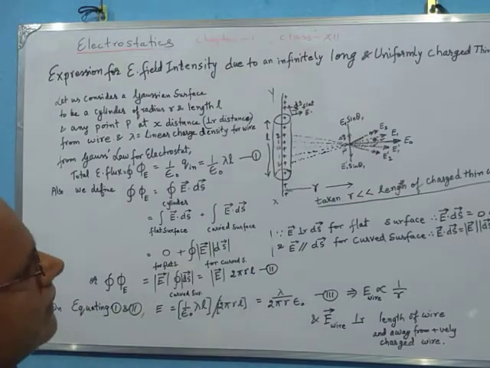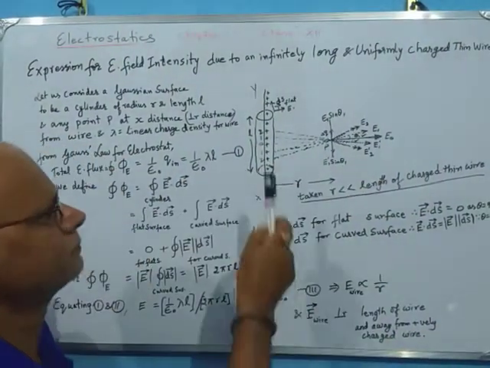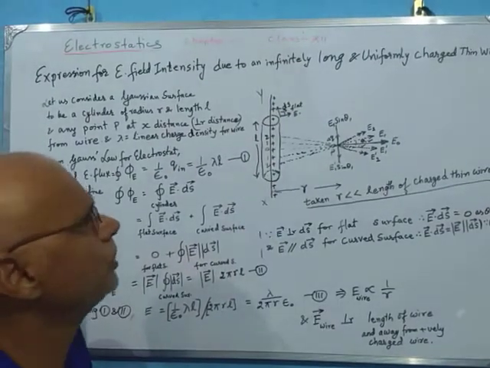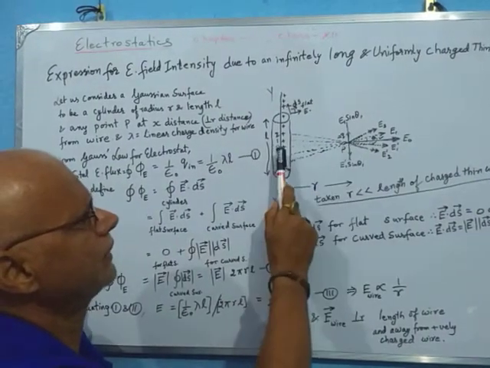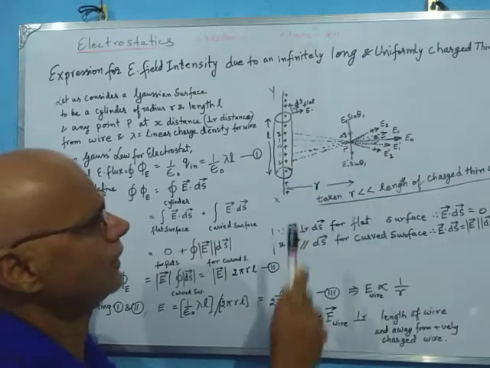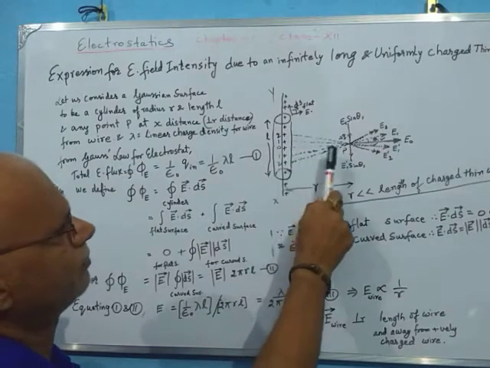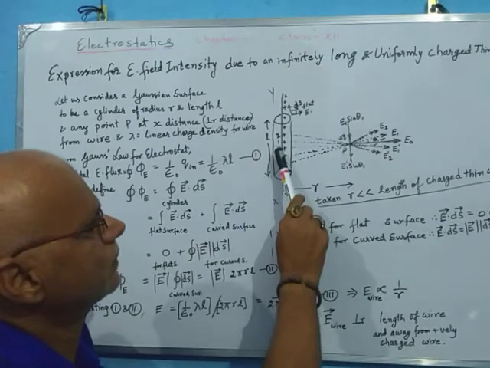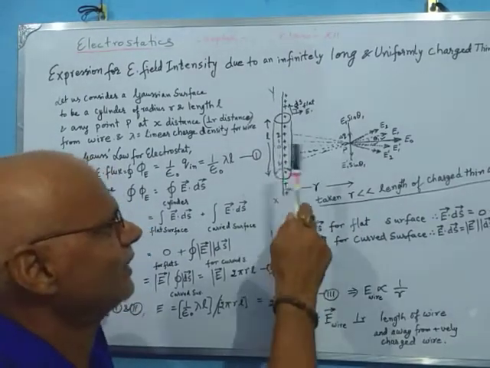For that, let us take a simplified approach. We take a charge, let us call it charge 0, which is at a minimum distance from P and lies on the line perpendicular to the wire and passing through the point P. We have named it 0, though it is not actually zero.